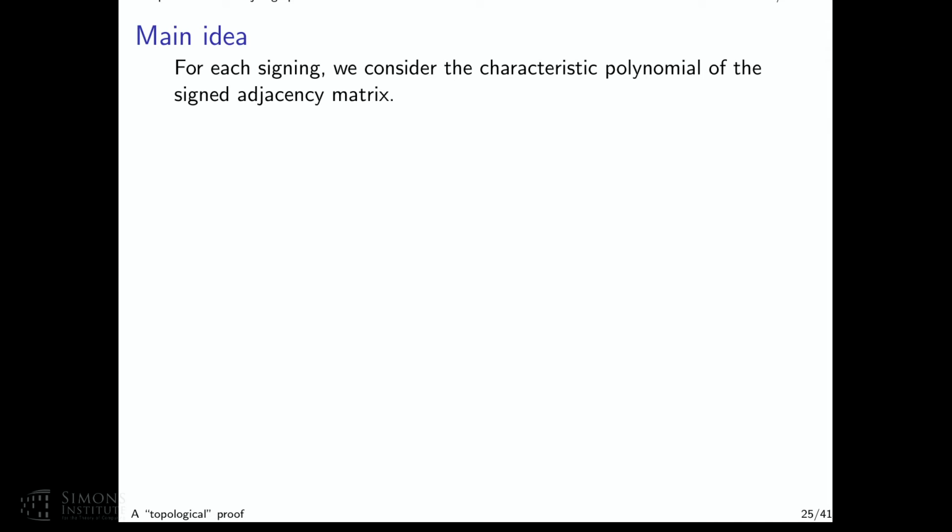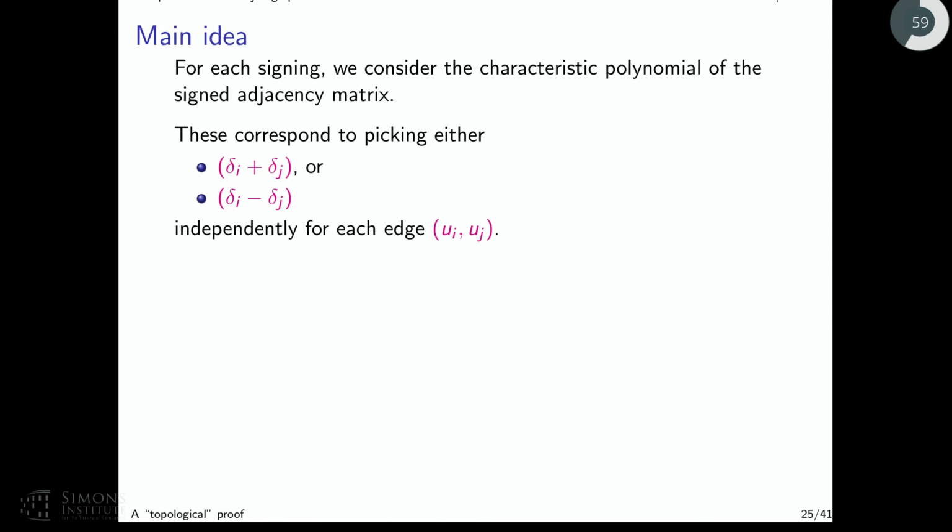The main idea is to consider the characteristic polynomial of the signed adjacency matrix. This corresponds to picking either delta_i plus delta_j or delta_i minus delta_j. You'll get D on the diagonal regardless of what you pick. Then if you pick delta_i plus delta_j, you'll get a plus on the off diagonal, and a minus on the off diagonal if it's delta_i minus delta_j.